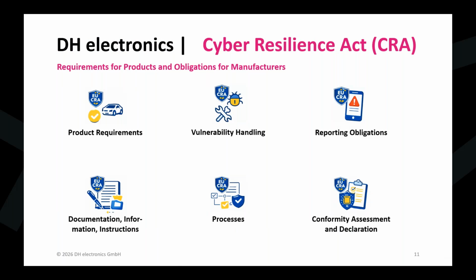There are further obligations for documentation and for informing and instructing of the users. On top of that, there are obligations for different processes in design, during development, and across the whole product lifetime. And finally, there are requirements for the conformity assessment and for the declaration of conformity.